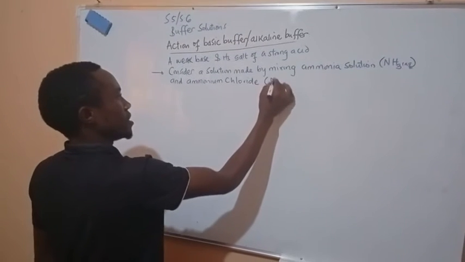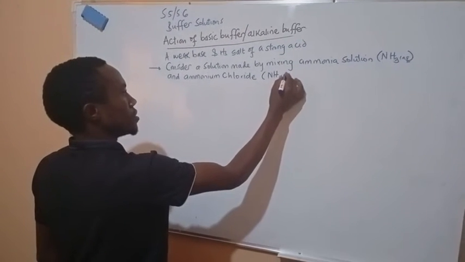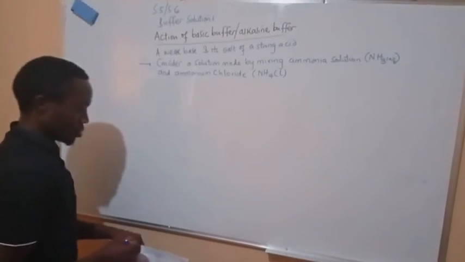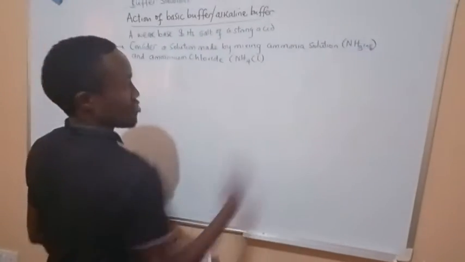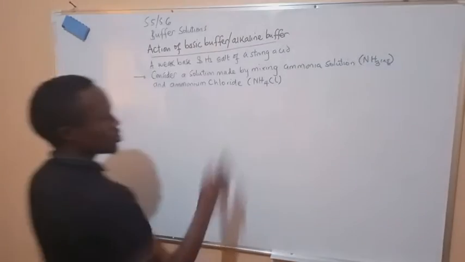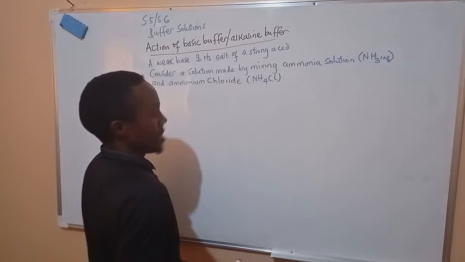Ammonium chloride is NH4Cl. However, in some books you may find ammonia solution written as ammonium hydroxide. Still, it is the same thing. Now, ammonia solution is a weak base.